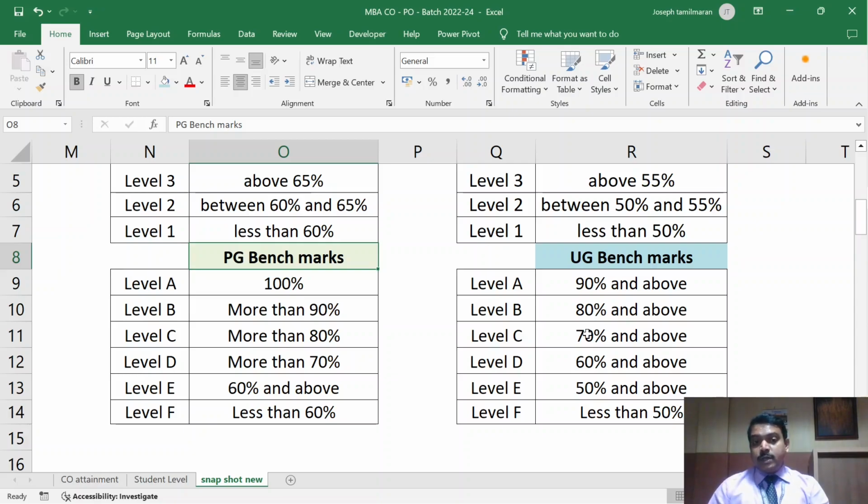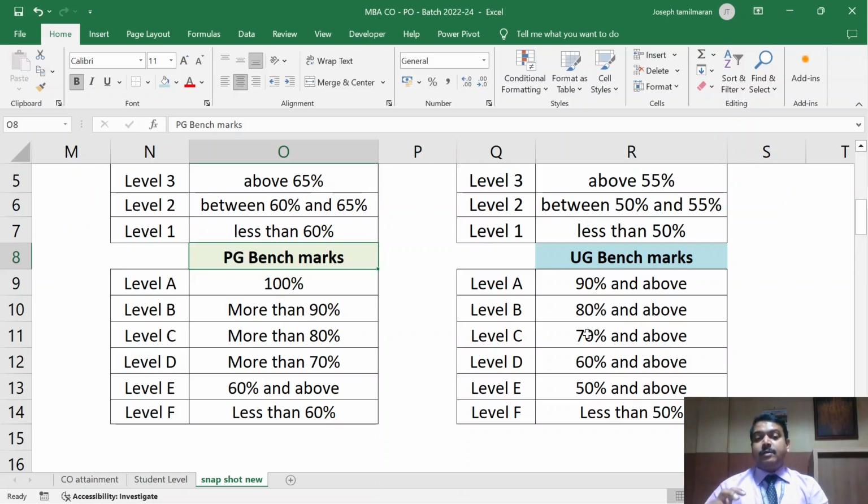Now matrix 2 is based on the number of students who attain the minimum benchmark. Say, for example, in a course of 50 students, 25 students have attained above 60%, because our minimum benchmark for the PG program is 60%.